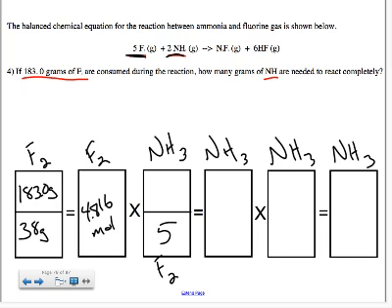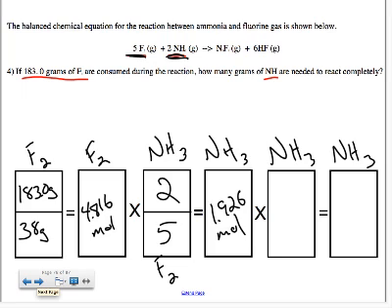Ammonia is my unknown, so that goes in all the other boxes. And the coefficient of ammonia in the equation is 2. So multiplying the number of moles times the mole fraction, 4.816 times 2 divided by 5 is 1.926 moles of ammonia.